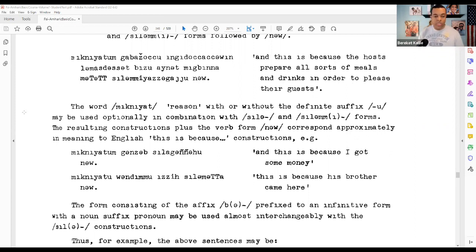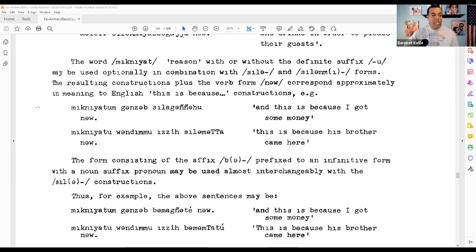So we look at these two examples down here. Mikniatum ganzab silaganyahu no. So this is because I got some money. Mikniatu wandamuzi silamata no. This is because his brother came here.